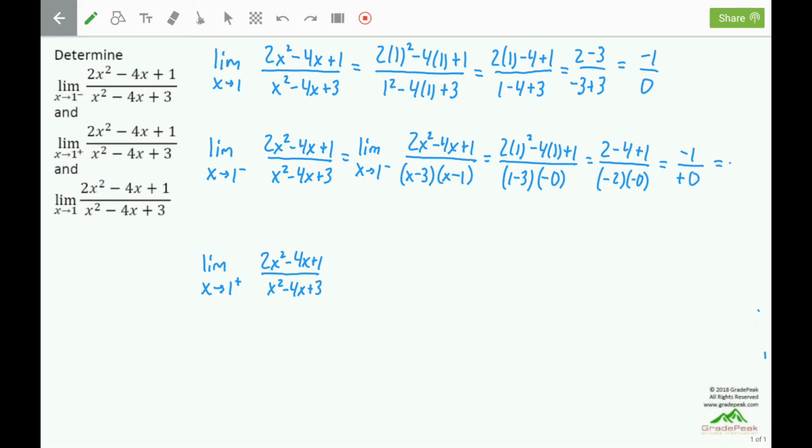A negative over a positive is a negative. A non-zero over a 0 is an infinity. And there's the result of the left-sided limit.